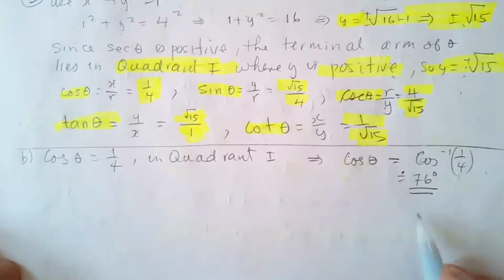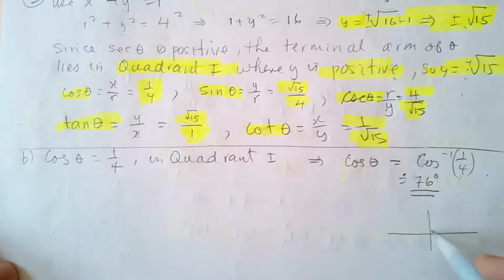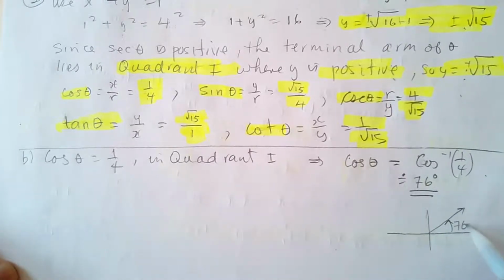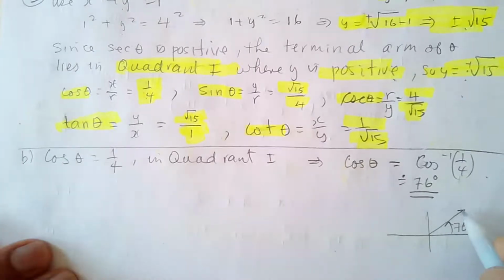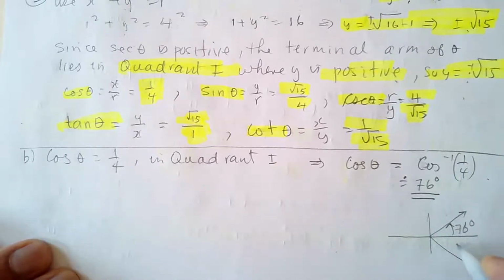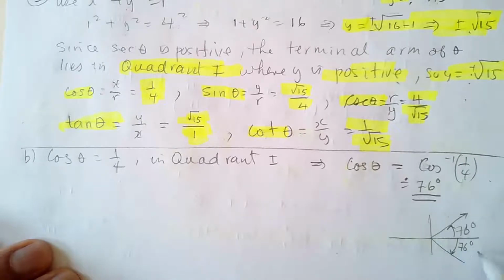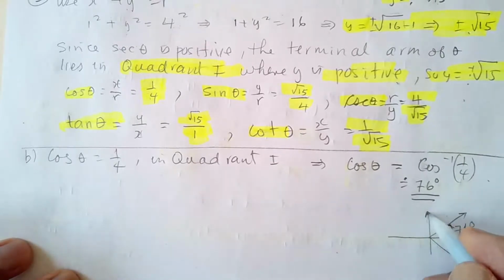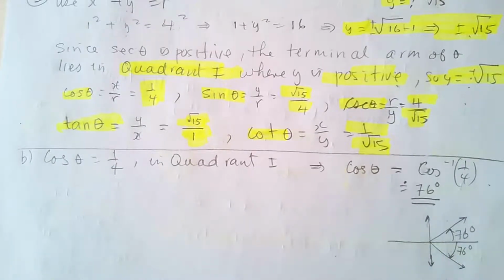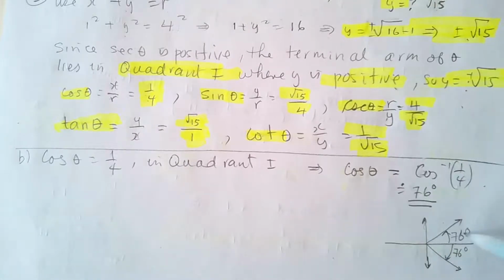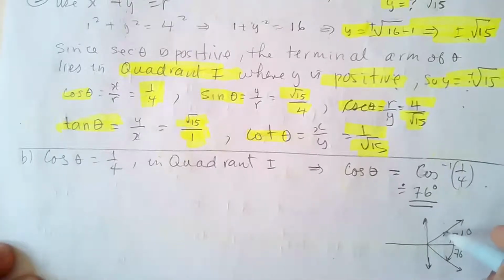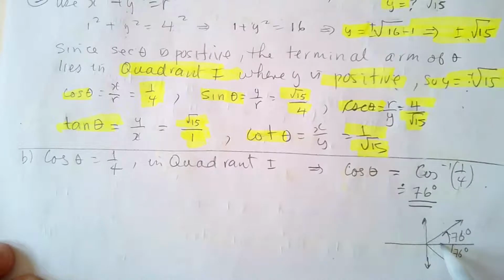So now, if I do a little bit of sketching here, this is 76 degrees. But remember, cos is positive in quadrant 1 and in quadrant 4. So those are my 2 reference angles. The first one we know is 76 degrees. The next would be from all the way from here.